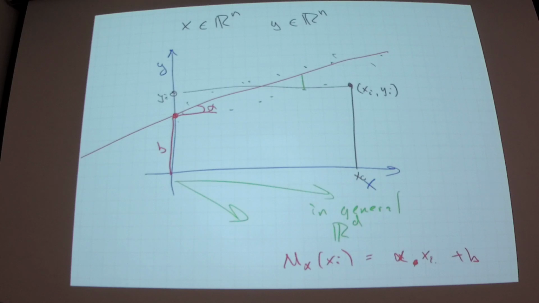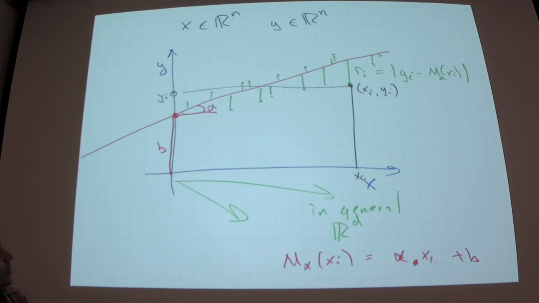What's important to see in this picture, which hopefully you've also seen, but if not, just to be clear, is that the error is now measured entirely in this y direction. So the error of this data point xi, this is the residual, is equal to yi minus the model alpha of xi.